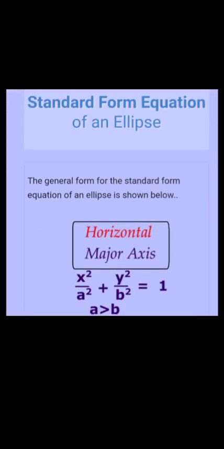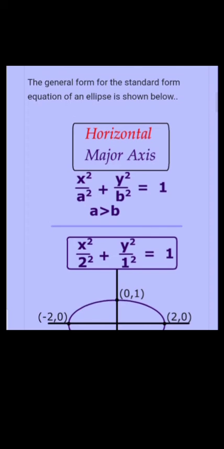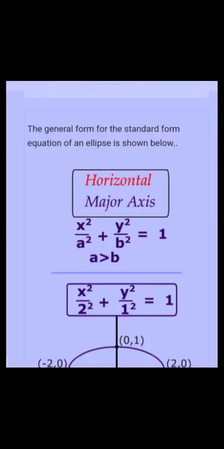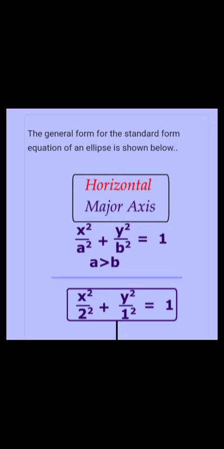So let us move on to the standard form equation of an ellipse. So the standard form of the equation, if our ellipse is horizontal, meaning we have the major axis horizontally, is x squared all over a squared plus y squared all over b squared is equal to 1, wherein our a is greater than b.